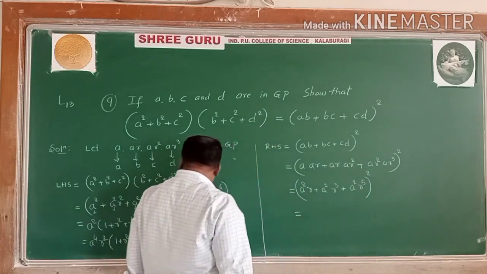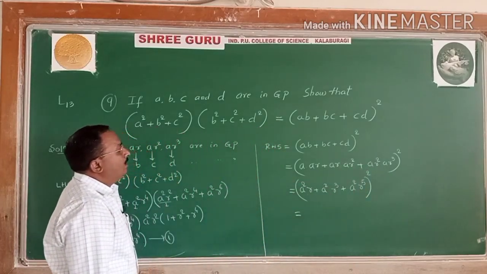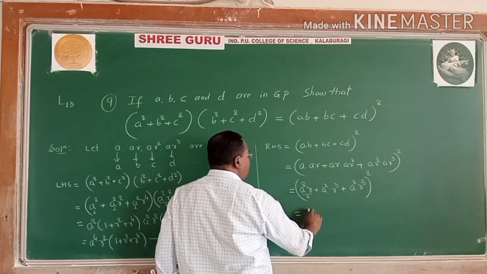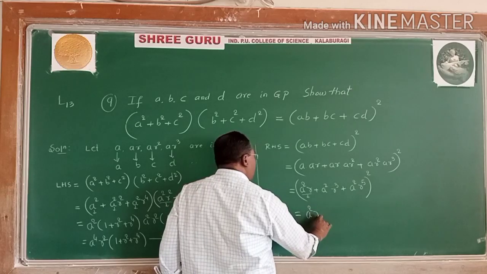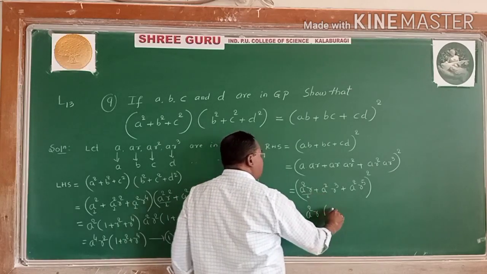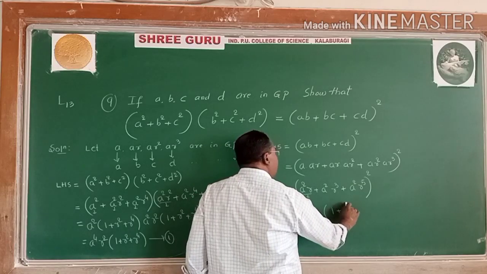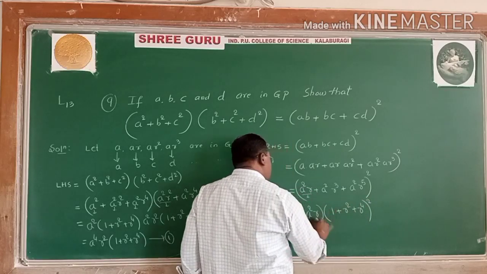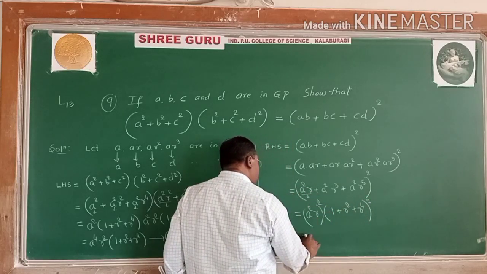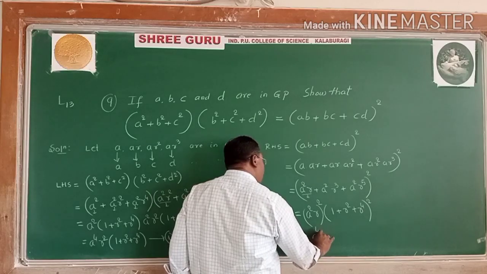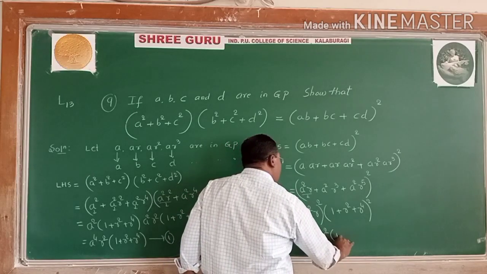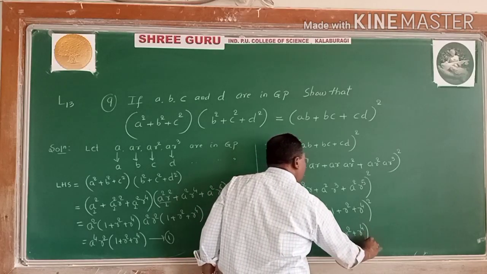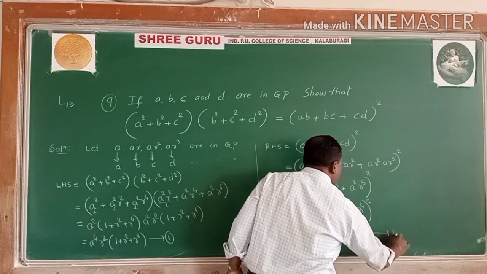Taking a square r common, the remaining is 1 plus r square plus r to the power 4, squared as it is, is equal to a power 4 r square into 1 plus r square plus r to the power 4 whole square, equation number 2.